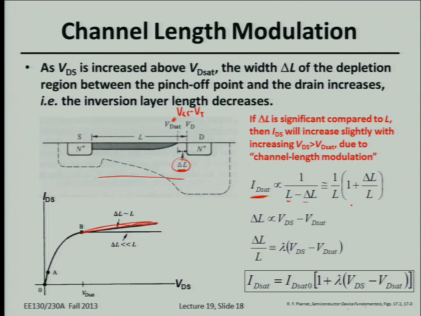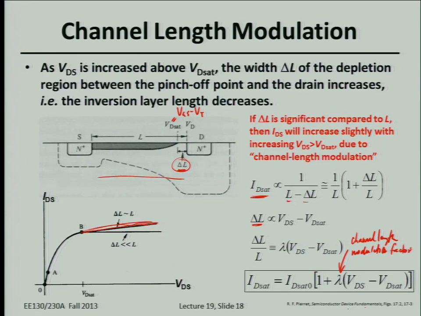The length of this depletion region is roughly linearly proportional to the voltage dropped across it. Then you can work out that you can write the saturation current as some constant plus a slope factor. This lambda here is the channel length modulation factor.